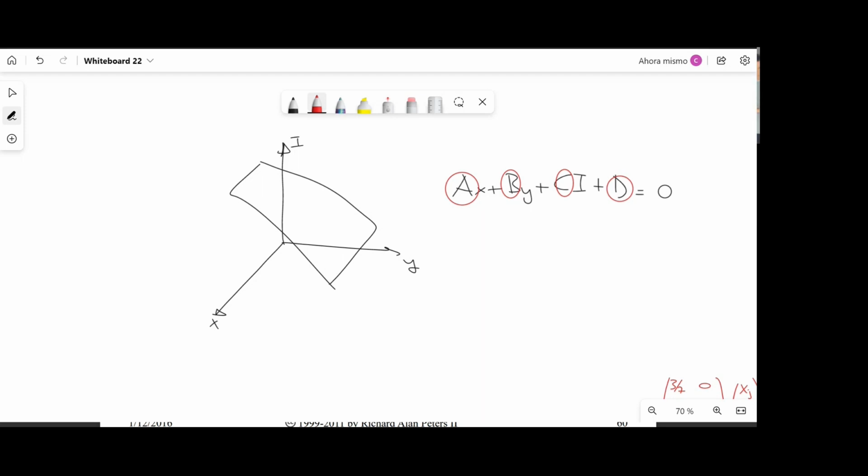These are the coefficients that define the plane, so I just need 4 values. If I have these 4 values that belong to the plane, there is only one plane that goes through all of them. So if you have 4 intensity values and 4 parameters to determine, there is only one solution to that problem.